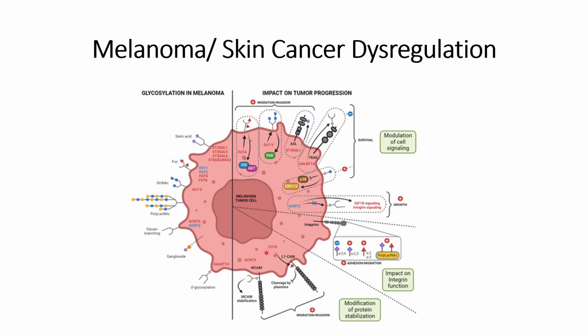Because of the dysregulation of these glycosyltransferase enzymes, this will prevent the interaction directly to the receptors such as MCAM receptors or L1CAM receptors, because of the over-glycosylation of this kind of receptors, and thereby this will prevent the cleavage of these proteins and helps them to stabilize, and this protein later on helps the cancer cells towards migration or invasion.